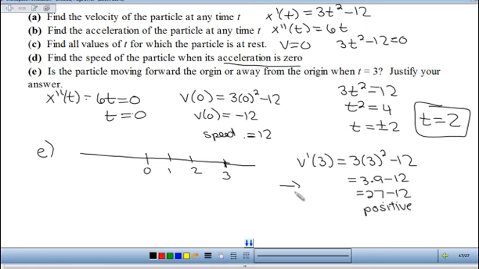It means it's moving to the right. So the velocity is positive, it's moving to the right. So it's moving away from the origin.